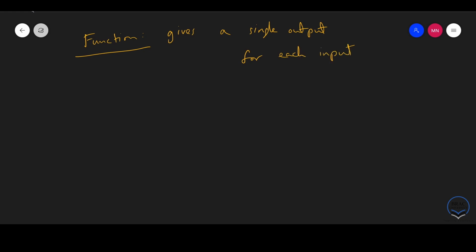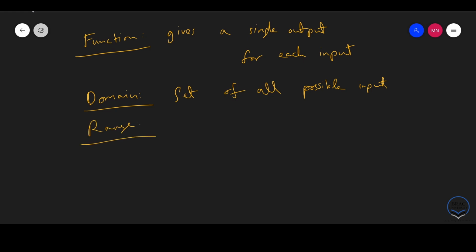So that is the definition of a function, right? And the domain of a function is the set of all possible inputs, and similarly the range is the set of all possible outputs, right?